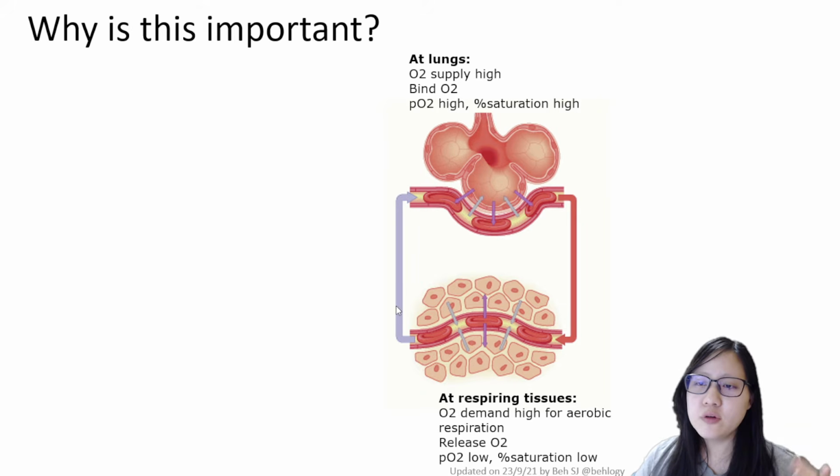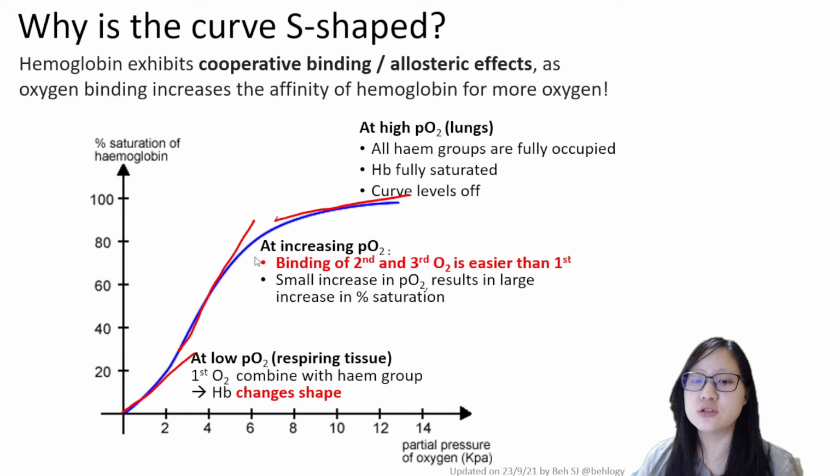When the blood moves from the respiring tissues to the lungs, just a slight increase in partial pressure of oxygen will increase the percentage saturation. So the hemoglobin can pick up oxygen really quickly. Now the reverse is also true.